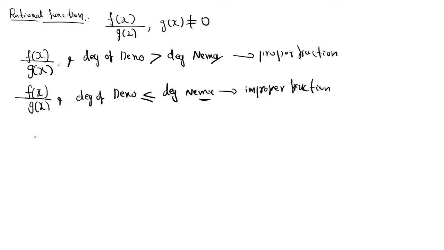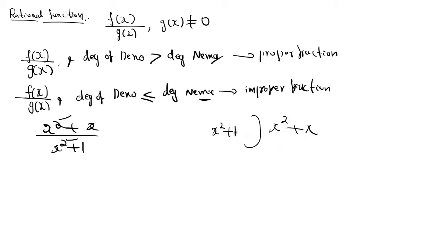For example, x square plus x divided by x square plus 1. It is an example of an improper fraction, the degree of the numerator and the degree of the denominator are equal, right? So first you need to convert it into a proper fraction. For that, divide x square plus x by x square plus 1.